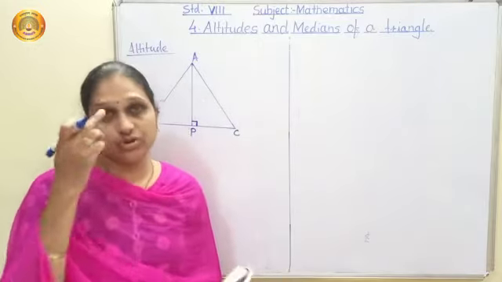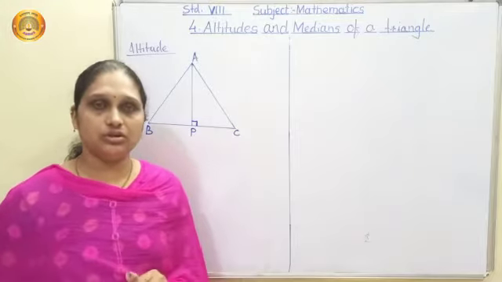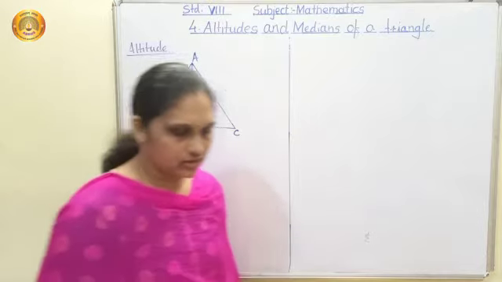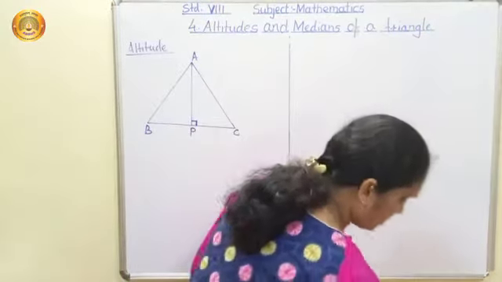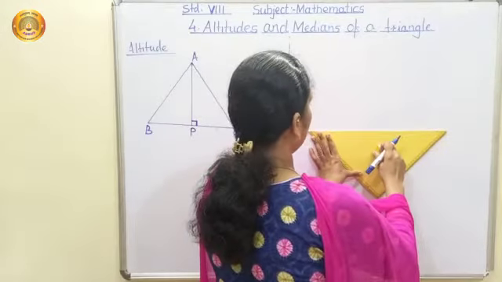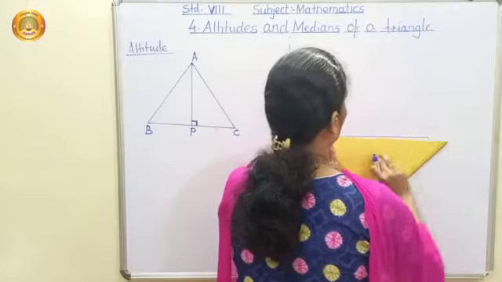Now how to draw the construction? This is about the altitude. Now how to draw the altitude of a triangle? So for that, we'll take one triangle. Now I'll draw the triangle for you. Here, with your scale, you will draw a triangle.